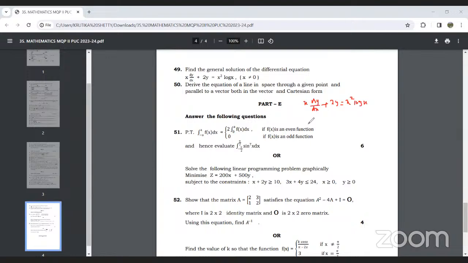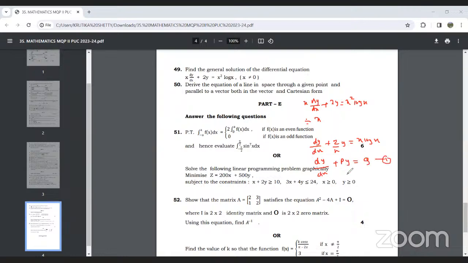So we need to divide this by x first. So we get it in the form dy by dx plus 2 upon x into y is equal to x log x. We need to compare it with the standard form, that is dy by dx plus Py is equal to Q.